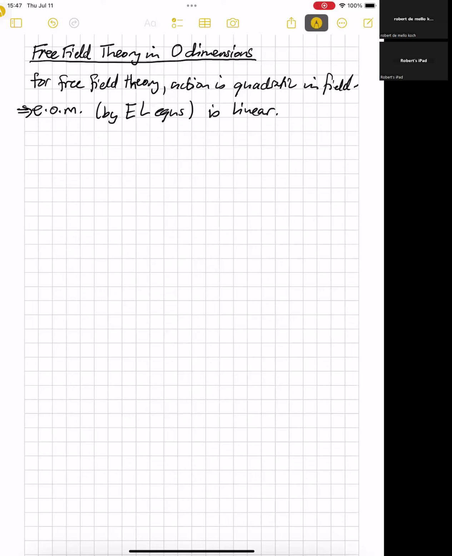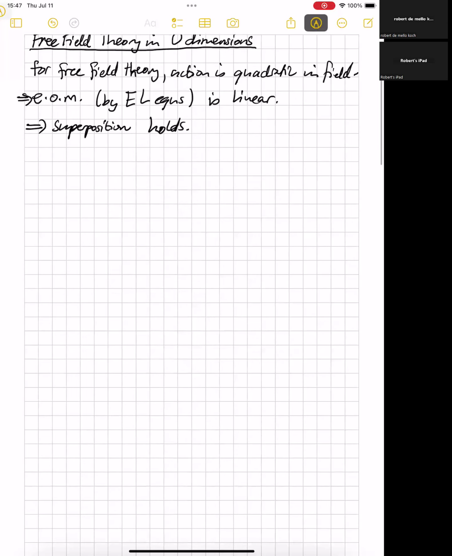If you have a set of linear equations, so linear in the field, this means the superposition principle holds. Okay, so that's my claim, which you can easily check. I claim if you write down any action that is quadratic in the field and you work out the equation of motion, you will always find that the superposition principle holds for that equation of motion.